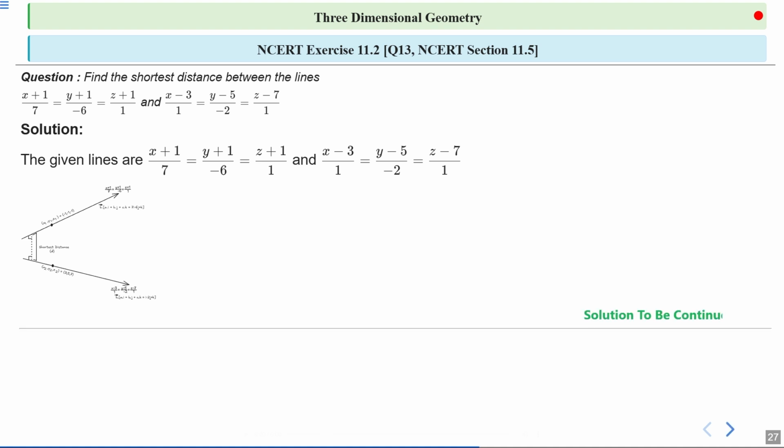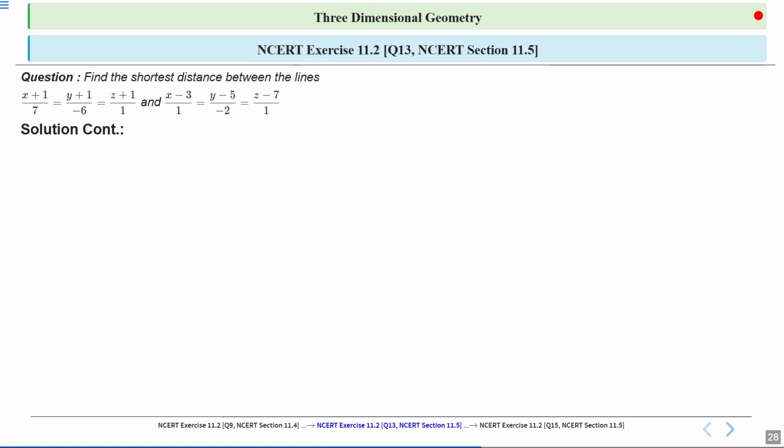So how can we find the shortest distance between these lines? This shows us the formula for the shortest distance between two lines in space.